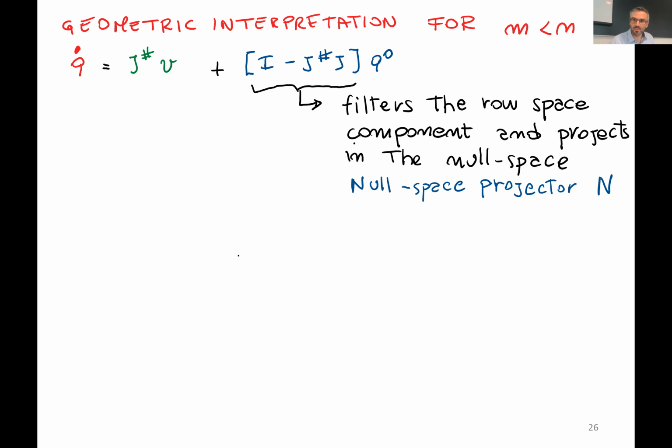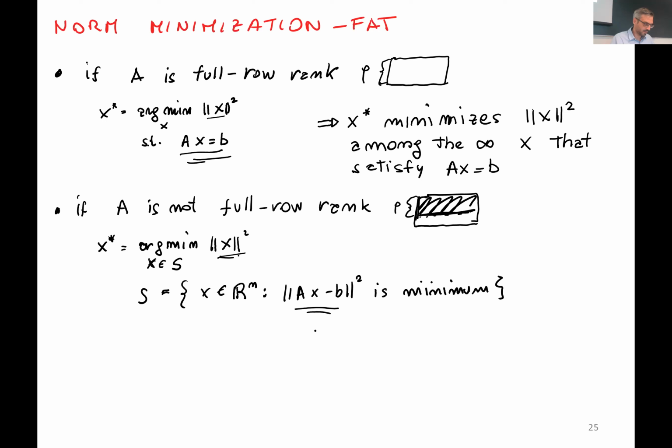I think Zoom crashed. Yeah, how much did you miss? I think it was just this on the previous slide. Okay.